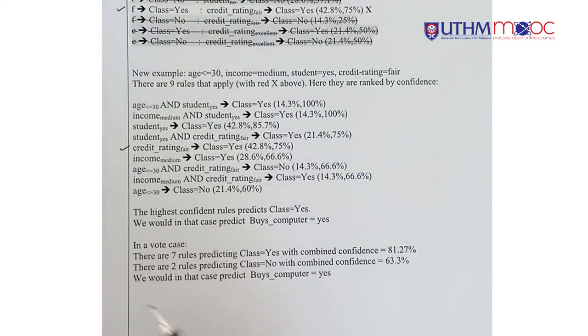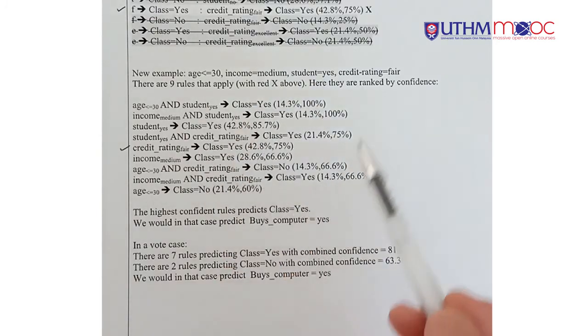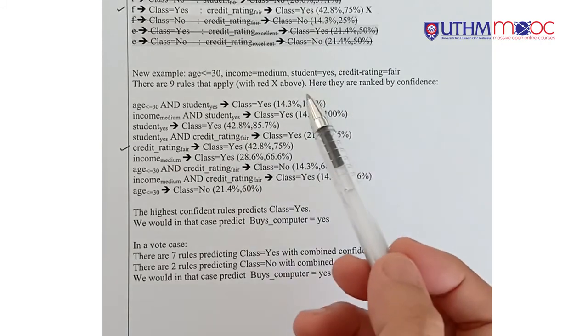So this is using the voting technique, whereby you vote on which class will win, whether yes or no. In this case, we have 7 rules predicting yes, so basically yes will win. The one that we had earlier is basically just ranking the confidence of the rules.